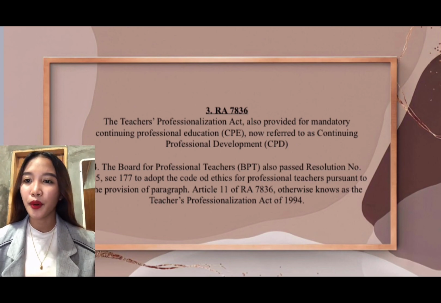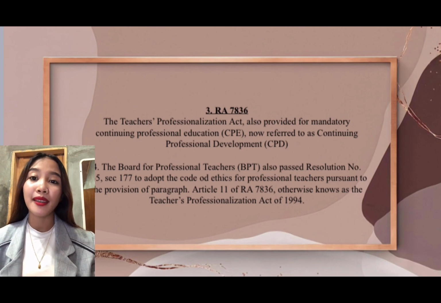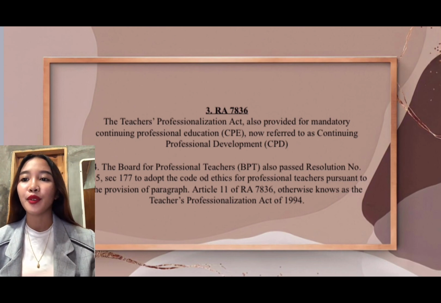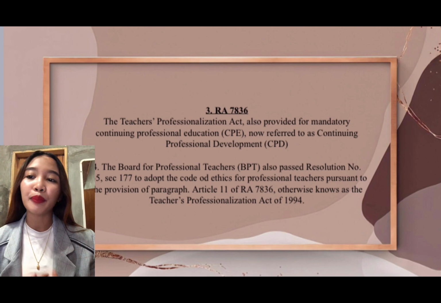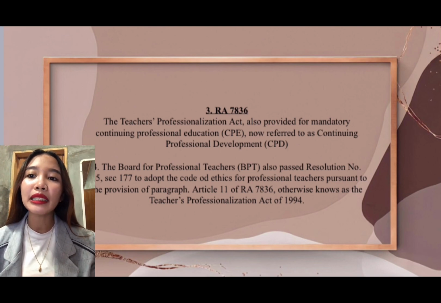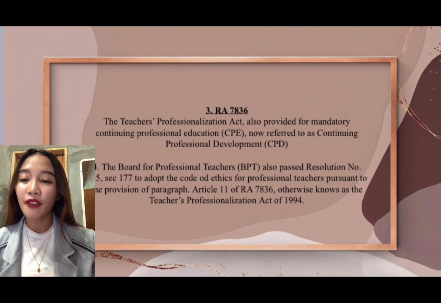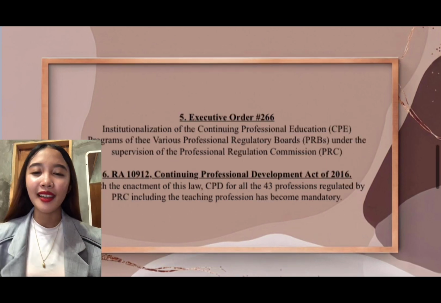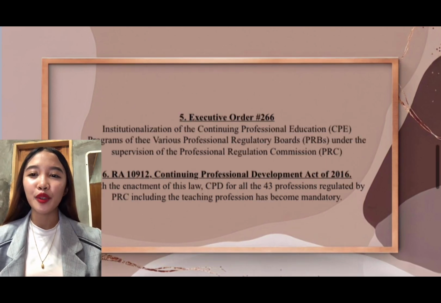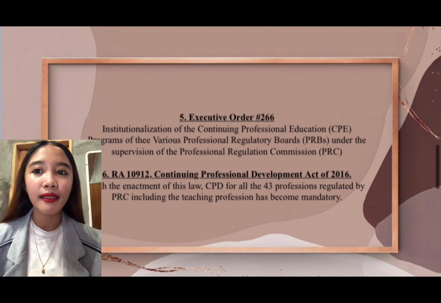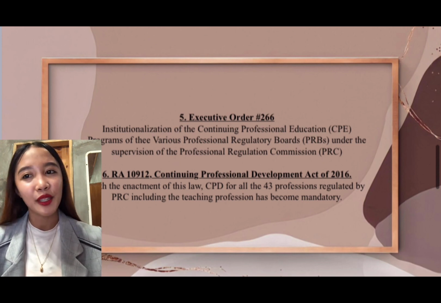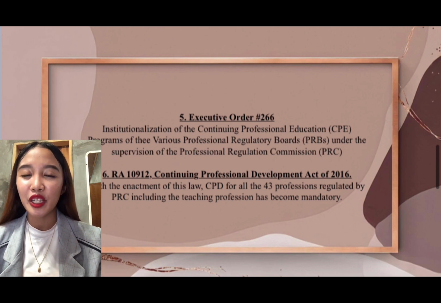The fourth one is the Board for Professional Teachers or BPT, which also passed Resolution Number 435, Series of 1997, to adopt the Code of Ethics for Professional Teachers pursuant to the provision of paragraph (e), Article 2 of RA 7836, otherwise known as the Teachers Professionalization Act of 1994. The fifth one is Executive Order Number 266, institutionalization of the continuing professional education or CPE programs of the various professional regulatory boards or PRBs under the supervision of the Professional Regulation Commission or the PRC.